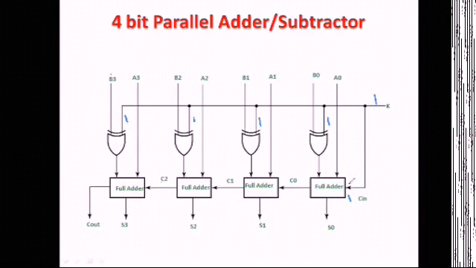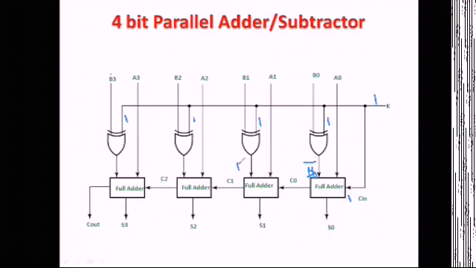Now look here. In the previous slide it was explained that when one of the inputs of an XOR gate is 1, that is high, then the output is the complement of the other input. So the output will be B0 bar, as this is 1.